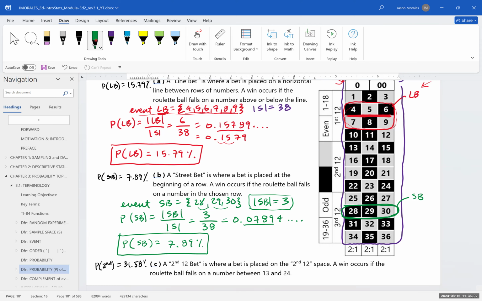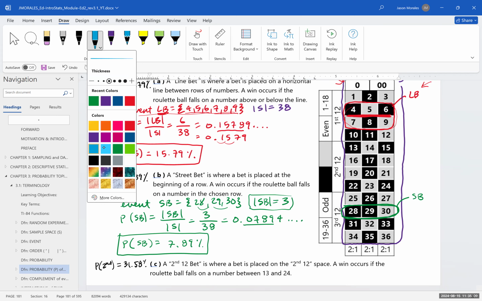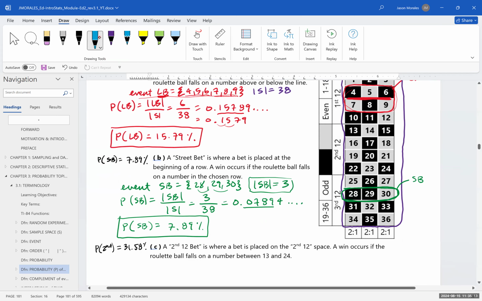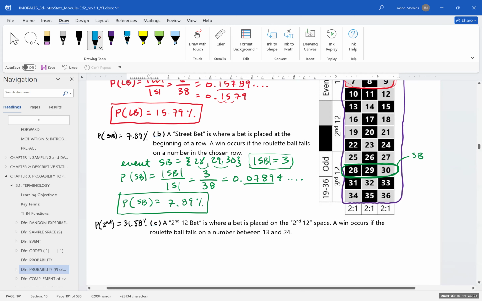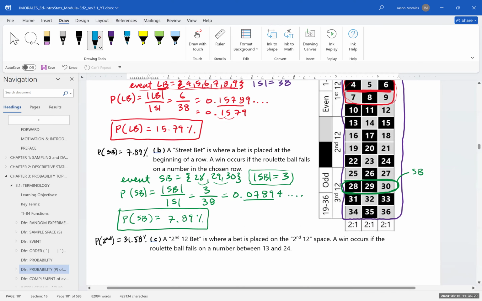All right, now let's come down to the third example. So a second 12 bet is where a bet is placed on the second 12 space. A win occurs if the roulette ball falls on a number between 13 and 24.